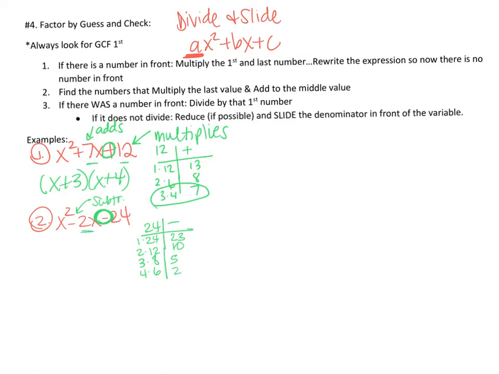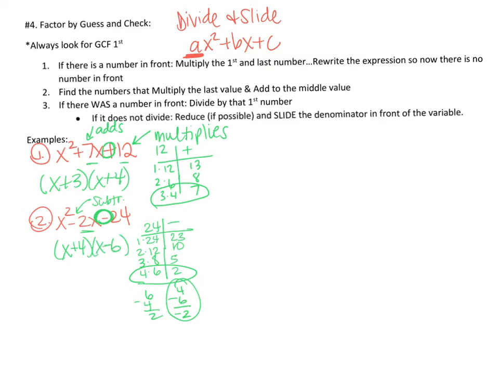And oh, there it is, there's my 2. Now I want a negative 2, so instead of saying 6 minus 4, I want to say 4 minus 6. So I'm going to have x with a positive 4 and x with a negative 6.